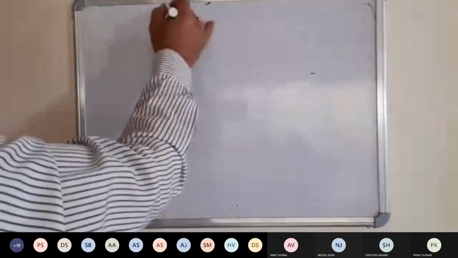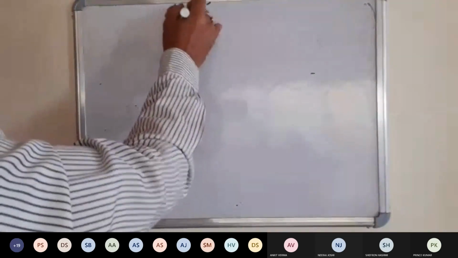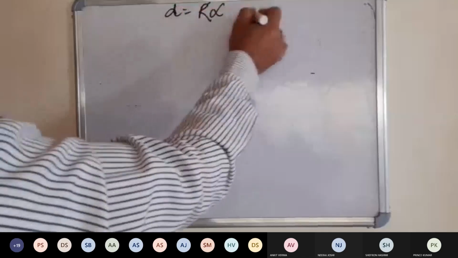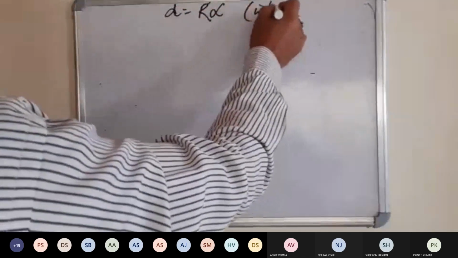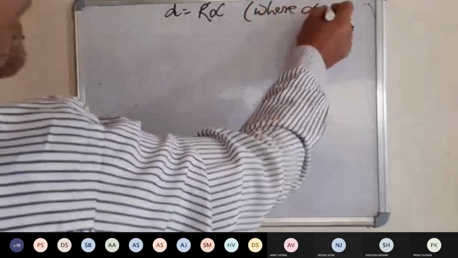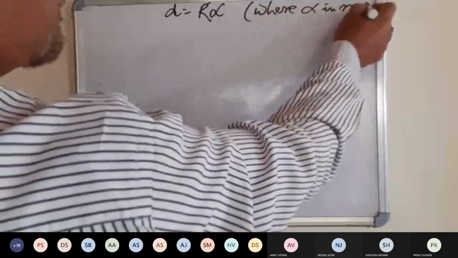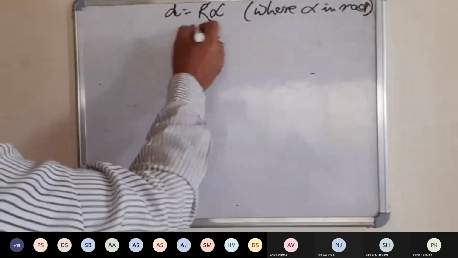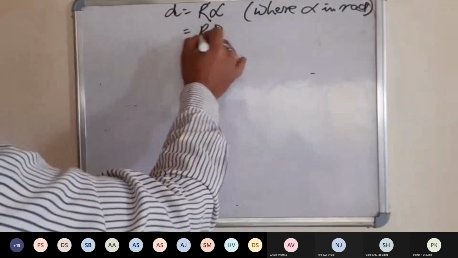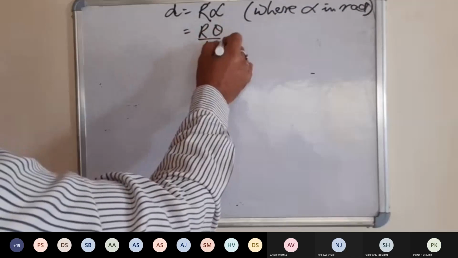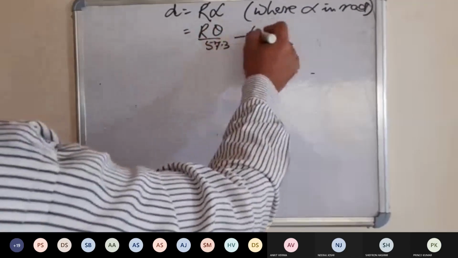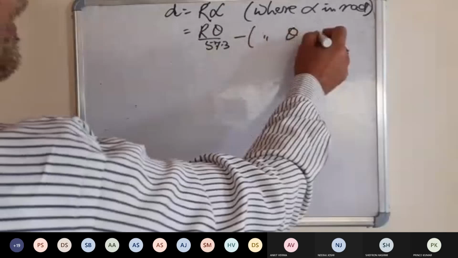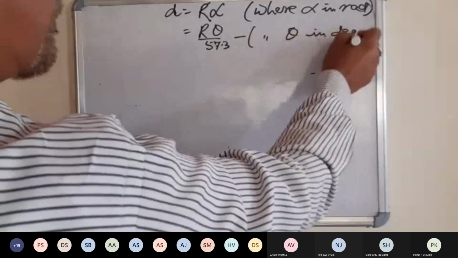We know T is equal to R into alpha, where alpha in radians is equal to R theta by 57.3, where theta in degrees.